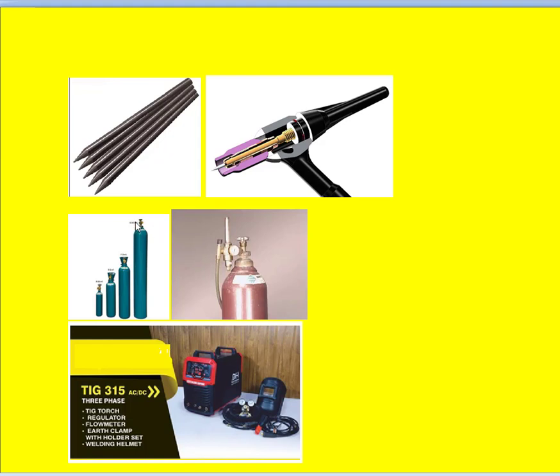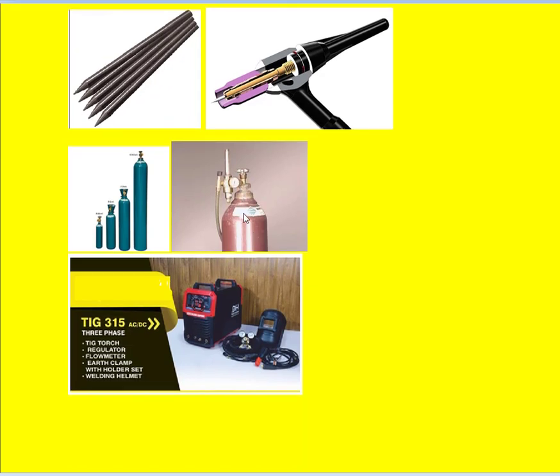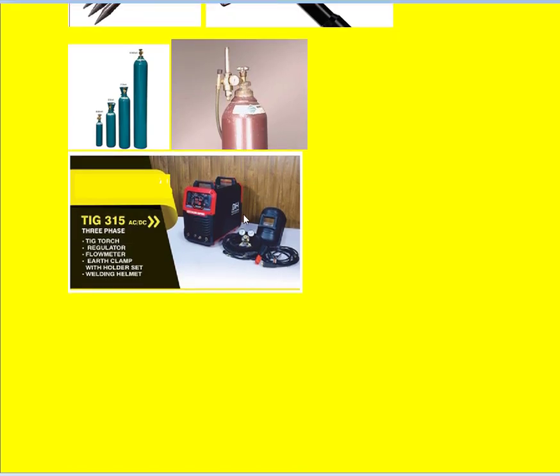Here also we find the pressure control valve. By using this valve, we set the desired pressure from the cylinder, and this is the setup. This is the battery, and these are the holders to hold the electrodes, and these are the meters to measure the voltage, etc.